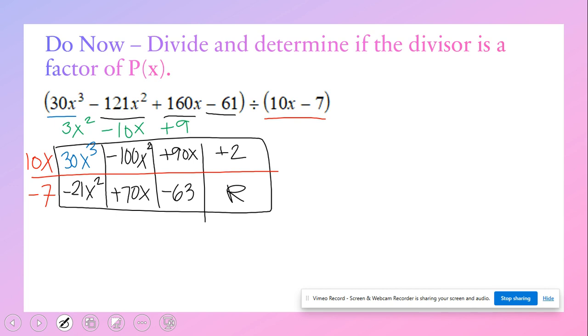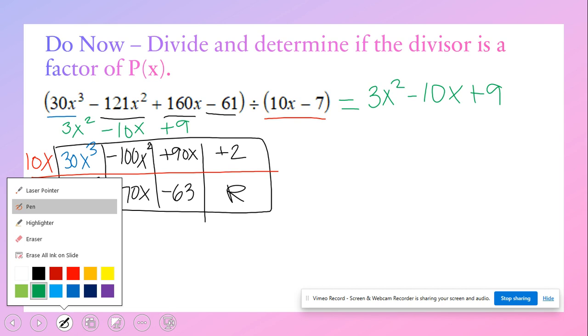So if I'm saying what is 30x to the third minus 121x squared plus 160x minus 61 divided by 10x minus 7, I would say that this is equal to my quotient 3x squared minus 10x plus 9, as well as my remainder included here.